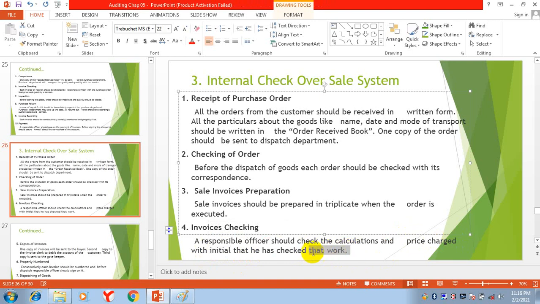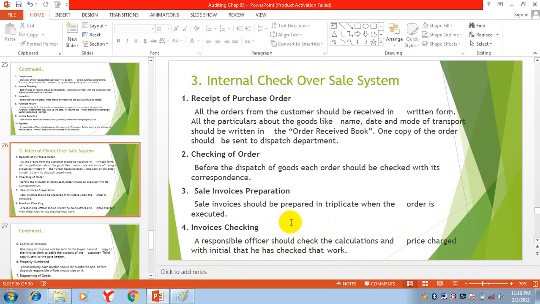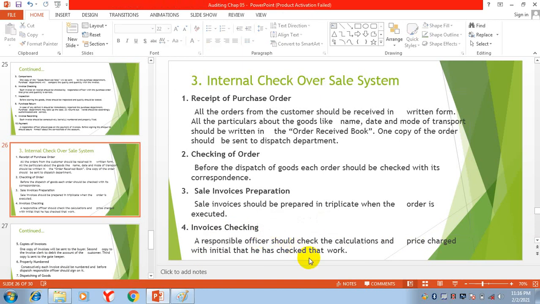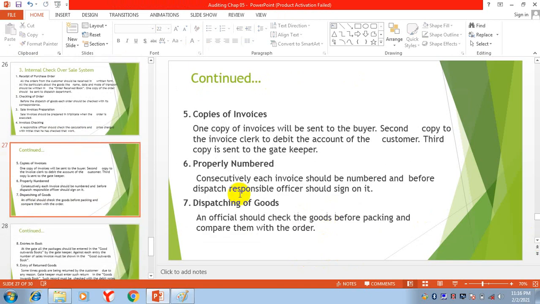Why is he signing it? That he has checked that thing properly. So there will be invoice checking by a responsible officer, and he will sign these invoices that he properly checked these and send them to the customer.